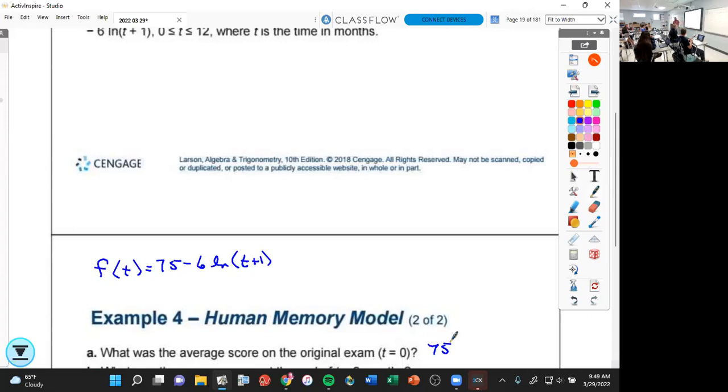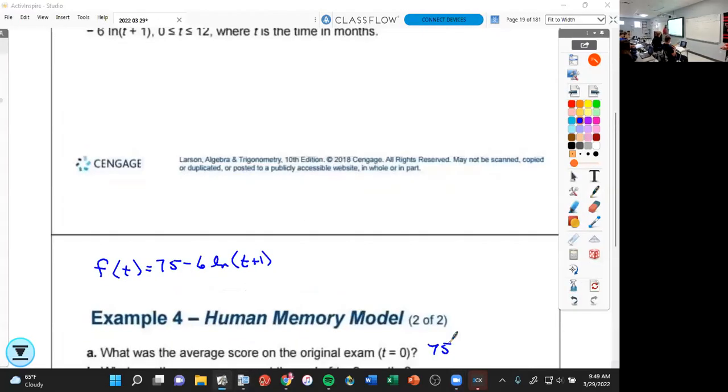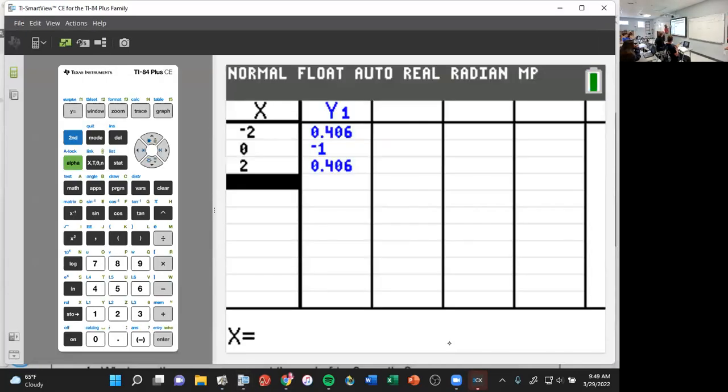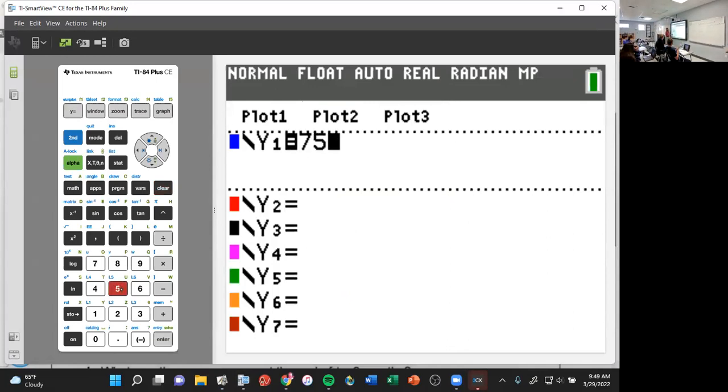Who's confused? Okay. Here's what we're doing. We're crashing everything. Calculator open over there. Oh, I didn't push the calculator button. That's the calculator button. 75 minus natural log of x plus 1, right?